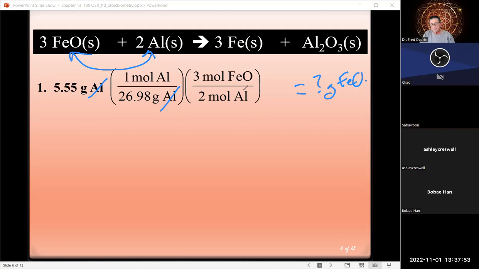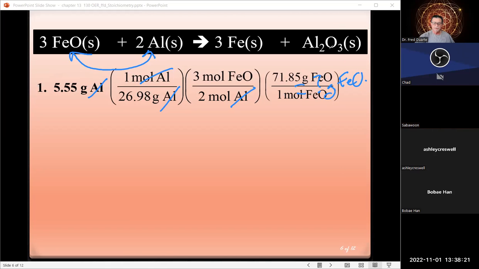Keeping track of my units, you can see that moles of aluminum cancel out. At this point, right here, if you stopped the calculation, I would be in units of moles of iron 2 oxide, which is not where we need to be, because we need to figure out how many grams of iron 2 oxide I need. That brings us to the next conversion factor.